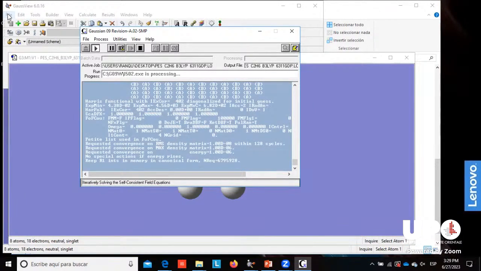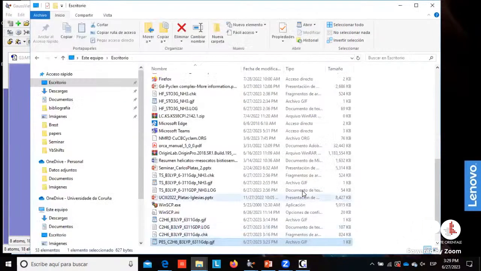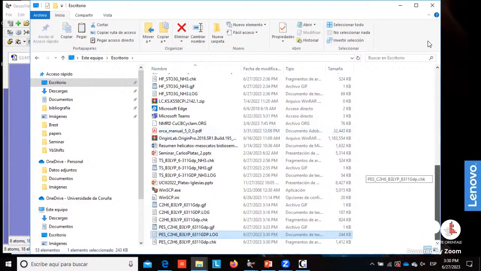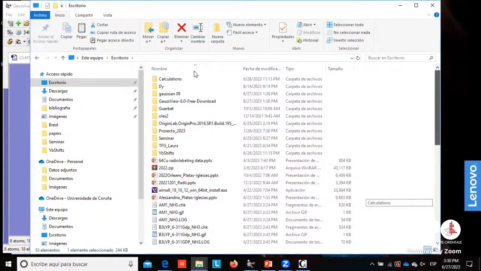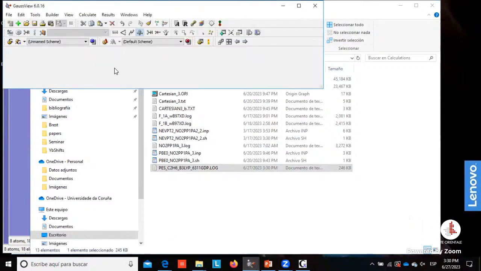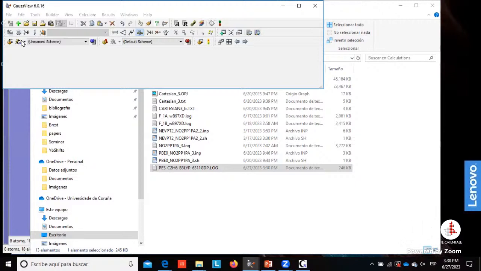If I copy the file to another place, I think I can do it, so that I can see how many points I have. So if I copy this and take it to another directory, where I just store some of my calculations, then I should be able to open the file without spoiling the calculation, hopefully.